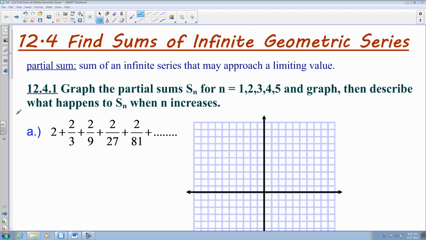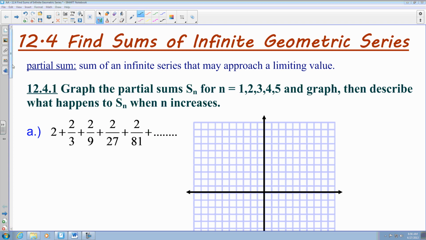Today, those series are going to go on and on to infinity, some of which will have an actual sum because as your common ratio gets to a certain point, you're going to get so many numbers that it's going to approach a certain value. I'm going to show you what that is, maybe not using infinity, but using some extremely large number.